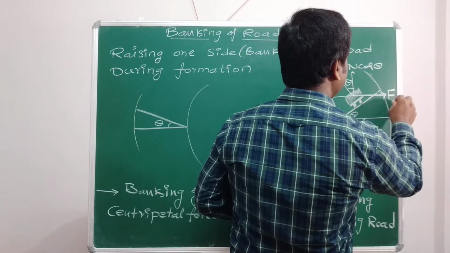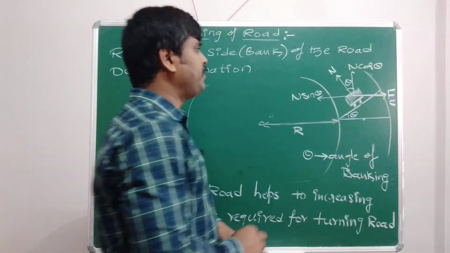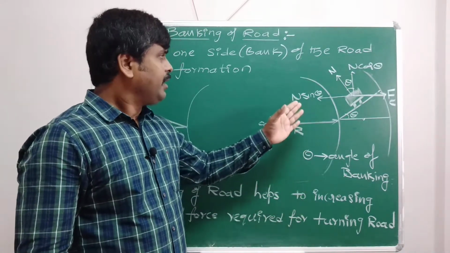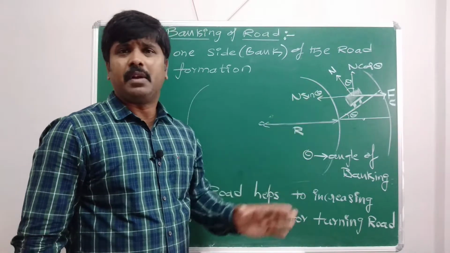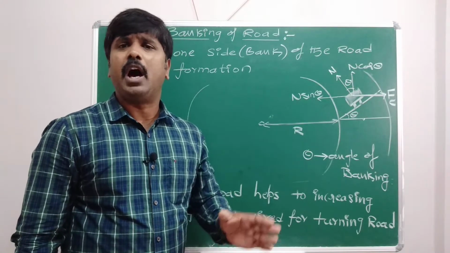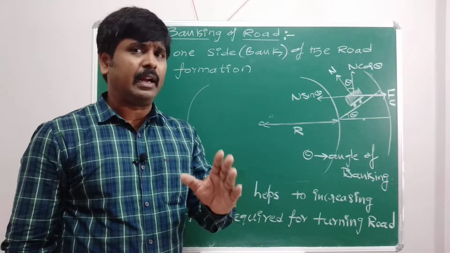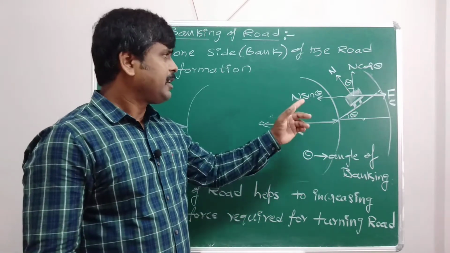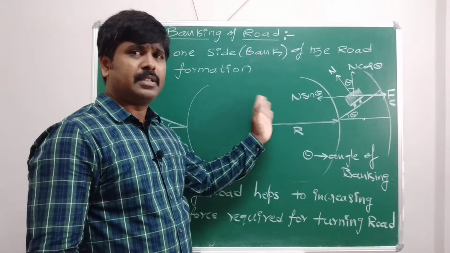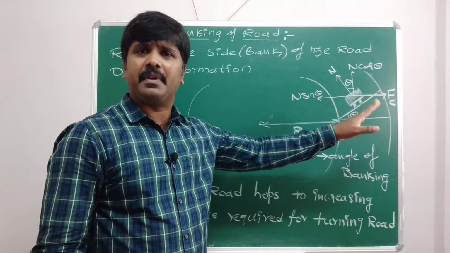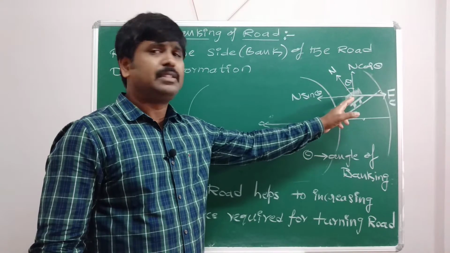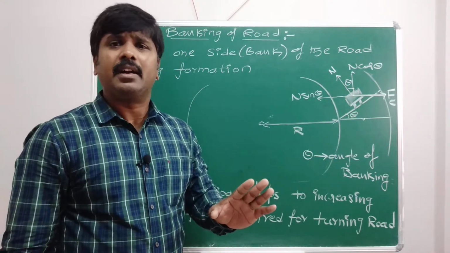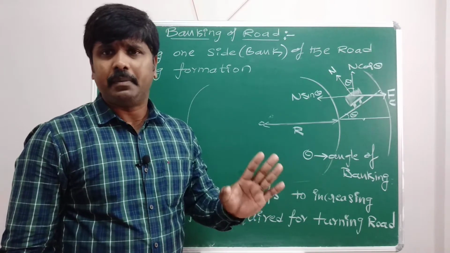Try to understand: in this situation the centripetal force and centrifugal force are equal in magnitude and opposite in direction, but these are not an action and reaction pair, because the centripetal force acts towards the center, the centrifugal force acts away from the center, and it is acting on the same body.